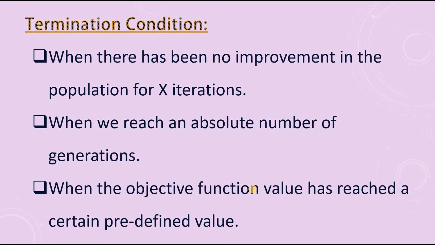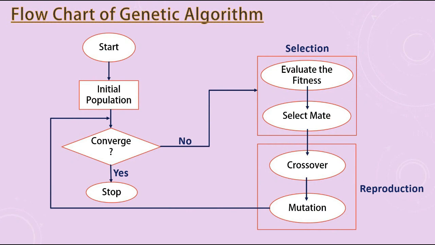Coming to the next slide, flowchart of genetic algorithm. This flowchart shows how the genetic algorithm works. From the start, we begin with our genotype-formed initial populations, meaning initial solutions.